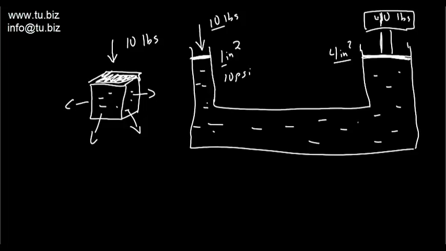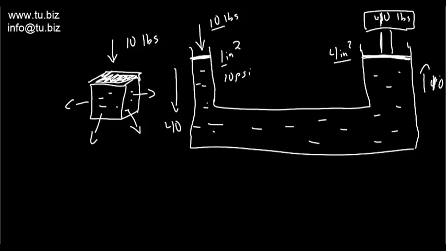Now the difference between one and the other is that you multiply the force, how much weight you can lift, but you're going to lift it at a lower speed. So if you move, let's say, 40 inches in this direction, you're only going to be able to lift it 10 inches in the other direction.